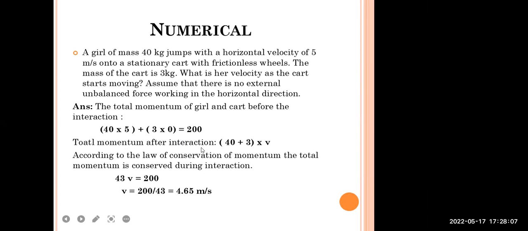Total momentum after interaction: the girl's mass is 40 kg and the cart's mass is 3 kg, so it will be (40 plus 3) into V. So 43V is equal to, since momentum is conserved, the initial momentum and final momentum will be the same. So 43V is equal to 200, so V is equal to 200 upon 43, which is 4.65 meters per second. This is an example of the law of conservation of momentum.